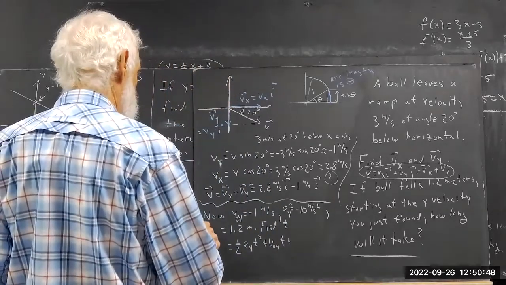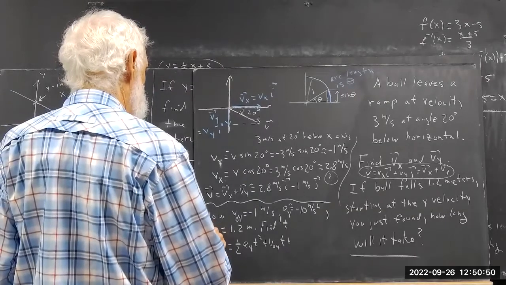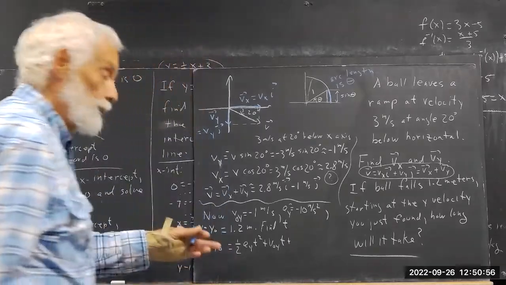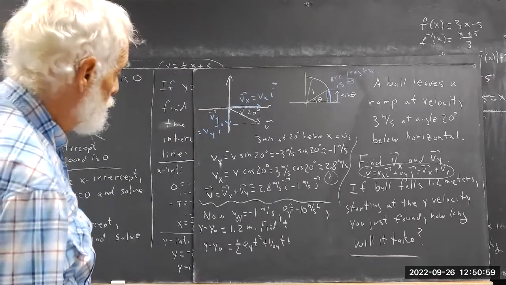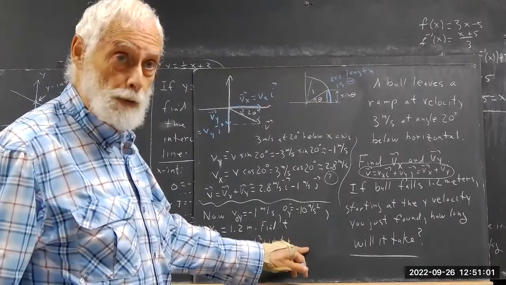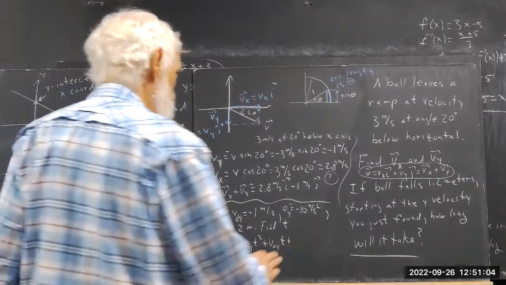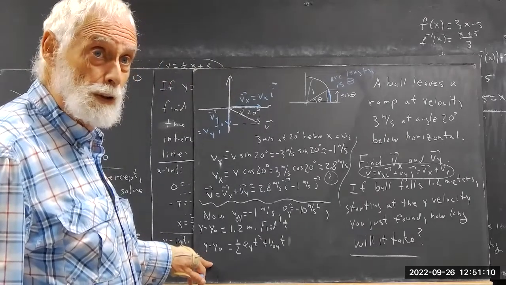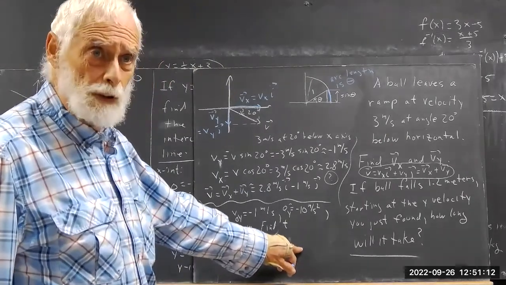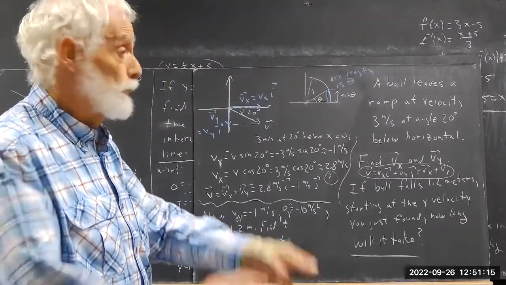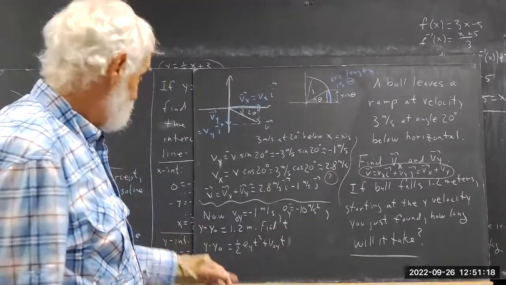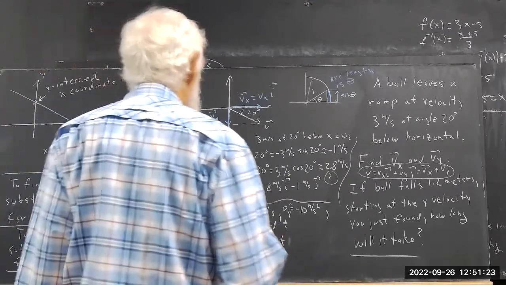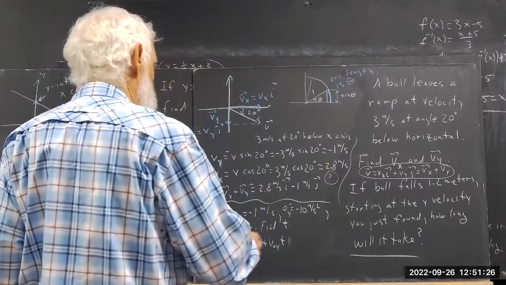I've written this as y minus y naught over here. I think your book has the equation with a y naught over here with a plus. But since we usually know the displacement, which is y minus y naught, we don't really need it over here in many cases. If you want it over here, put it over there. It's the same equation, whether you have a negative y naught here or y naught here. So now solve for t.